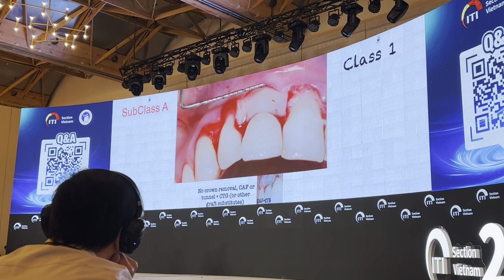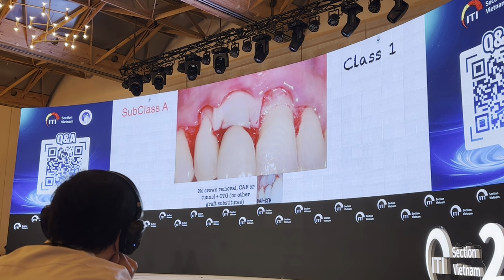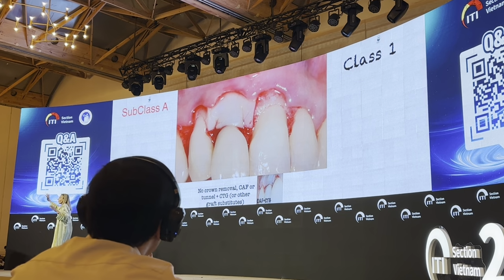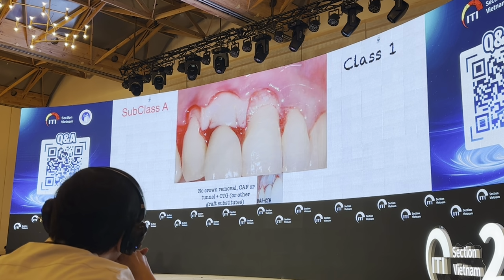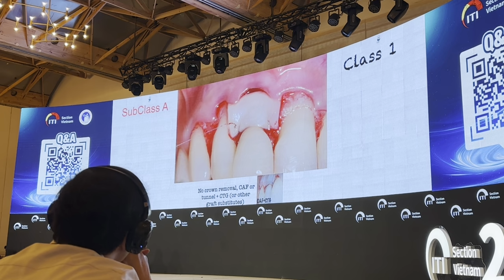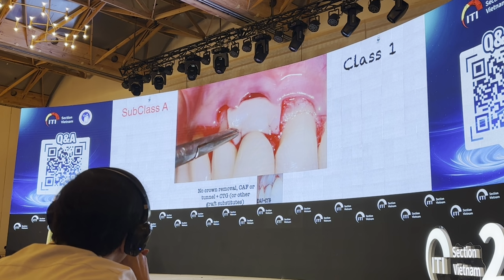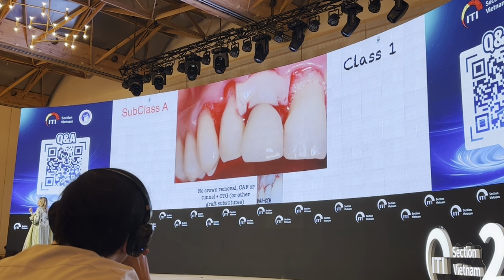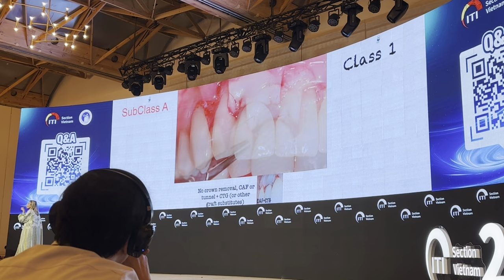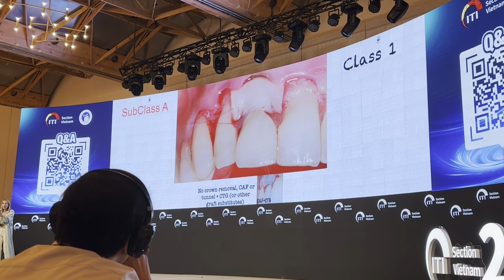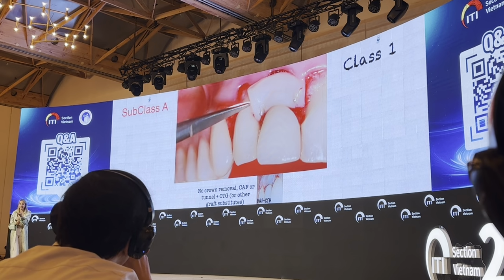As you can see, I extended my connective tissue graft to both mesial and distal, especially to the distal papilla, because if you remember the initial situation, I told you that the distal papilla was weak, not in height, but in volume, in thickness.